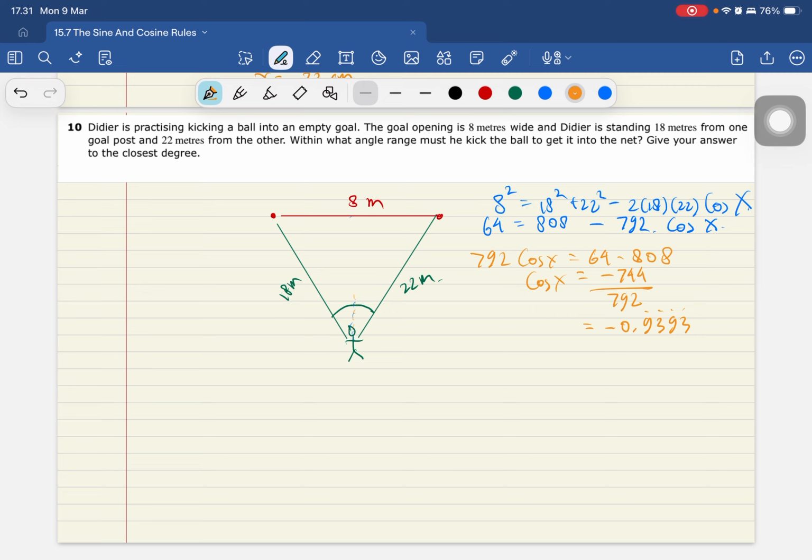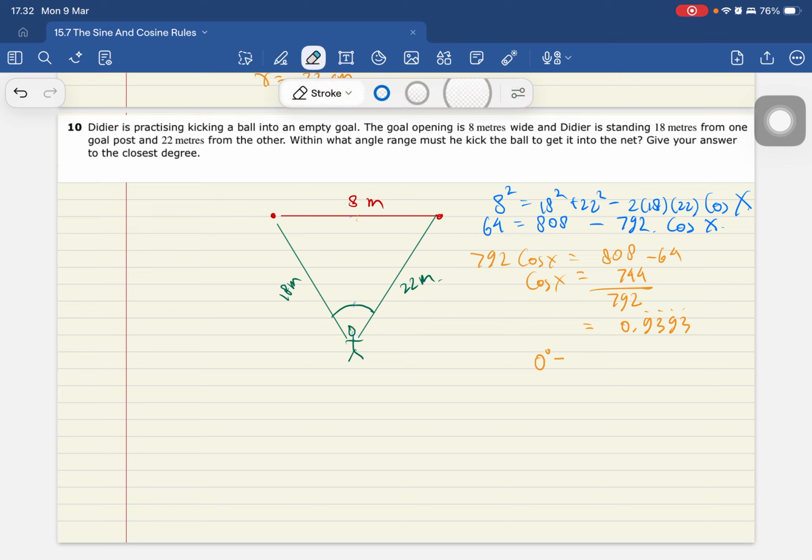Apologies, it has to be 808 minus 64, which is positive 744.